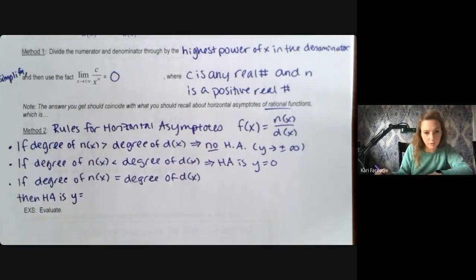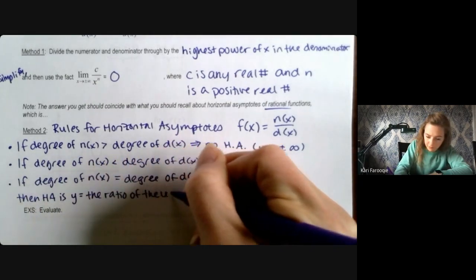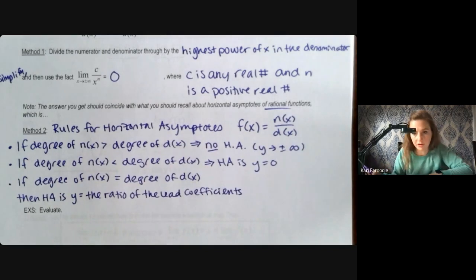So remember, it's always in the form of y equals, which is a horizontal line. The ratio of the lead coefficients. Coefficients, remember, are the numbers that are being multiplied by the variables in your polynomials.